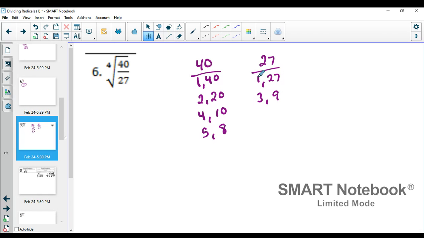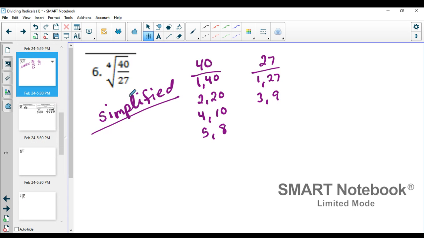None of these have fourth roots. So this is the final answer for this problem. This is as simplified as it gets. So this is simplified. And there we go. All right, so now that is if you were just given as far as it'll go.